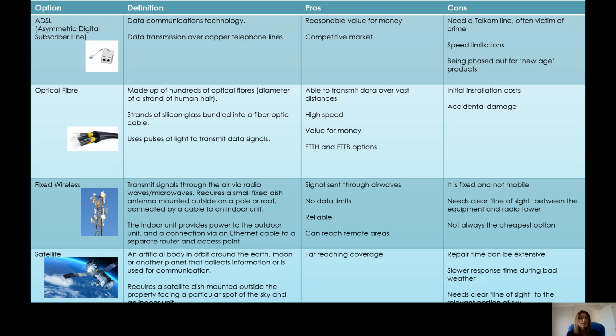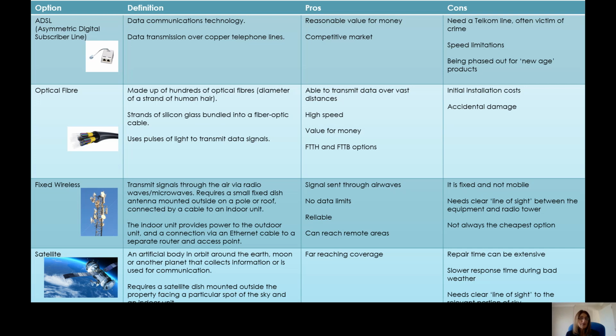And the advantages of that is that they're able to transmit over very vast distances. There are many optical fiber cables that are laid under the sea and continue to be done so, that it allows that transmission over these long distances between countries and continents and that kind of thing.